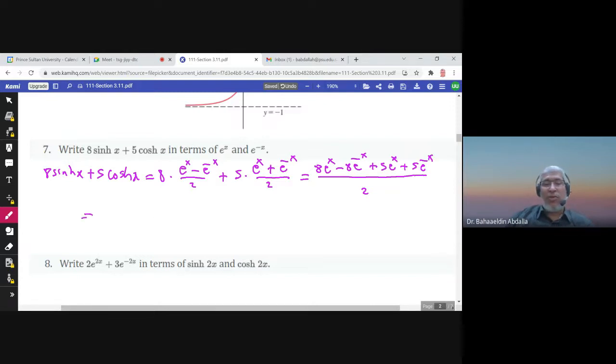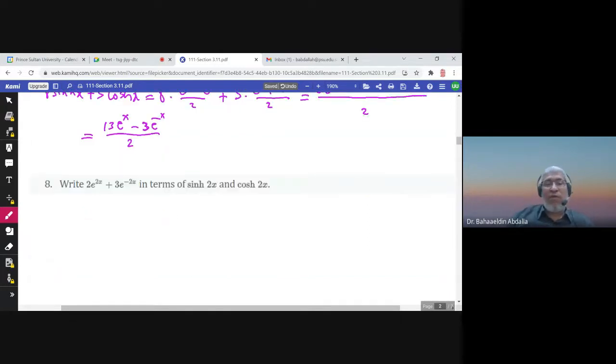So the answer would be 8e^x plus 5e^x is 13e^x, and negative 8 plus 5 is negative 3 e to the power negative x over 2. So this would be the answer. Okay, if you want to write it 13 over 2 e^x minus 3 over 2 e^(negative x), that's also similar.